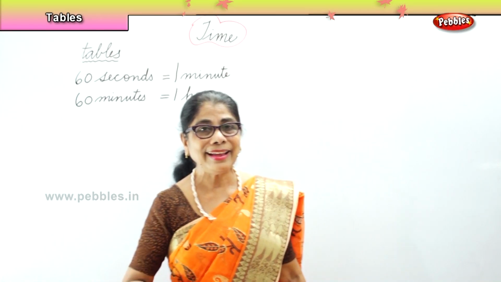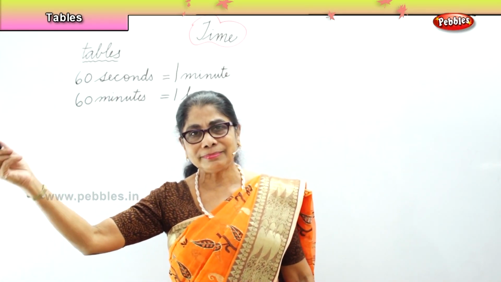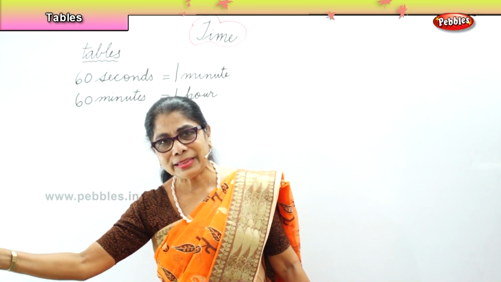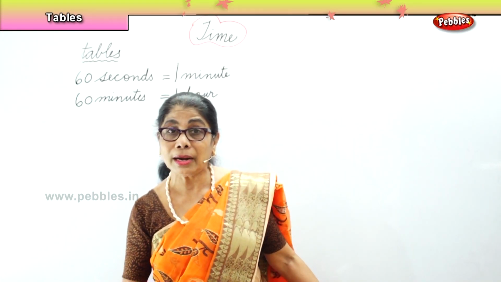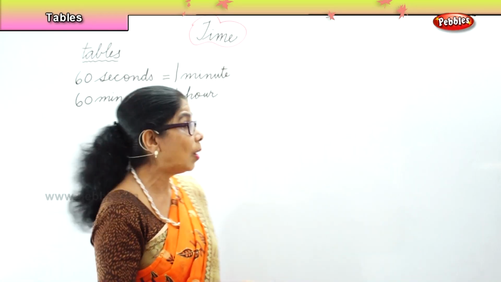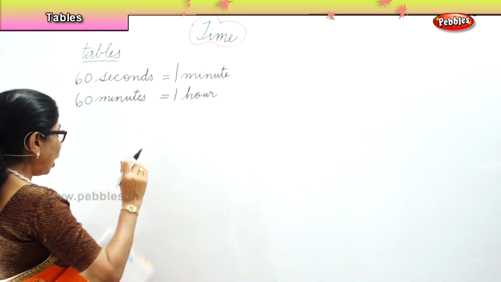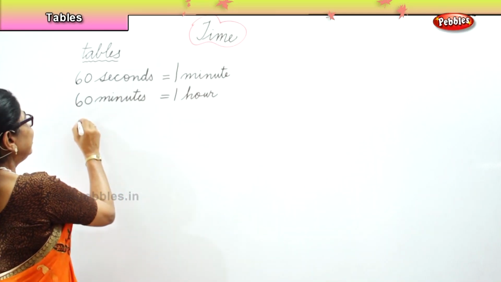You see the sun rising, then in the evening the sun sets, and the same sun gets up. So you sleep with the sun, you get up with the sun. That is 1 day. That is how many hours? 24 hours.